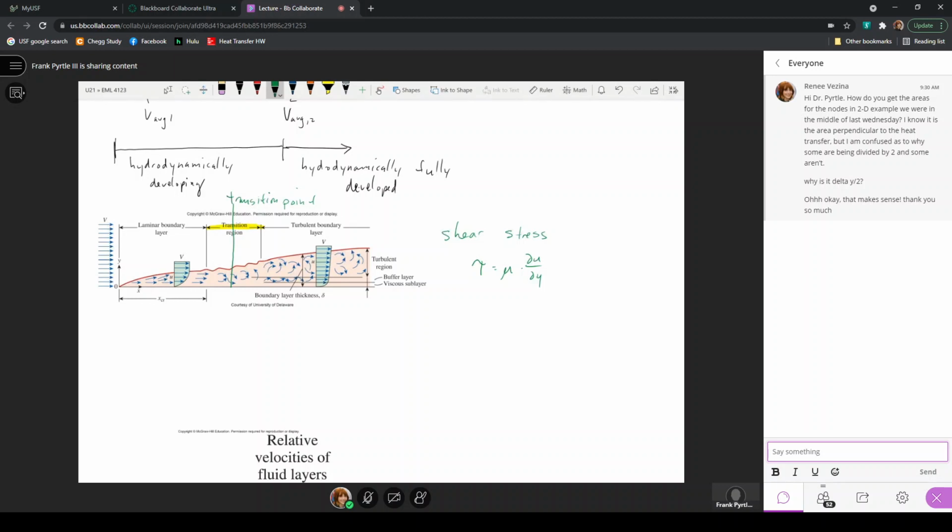Du dy is a change in the x component of velocity as I move in the y direction. So here this lowercase u is just the velocity in the x direction. A lowercase v is the velocity in the y direction.